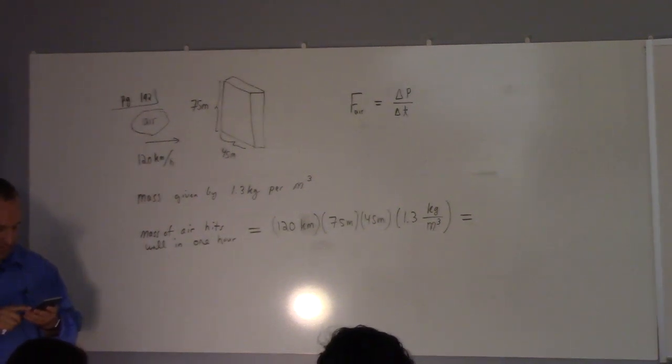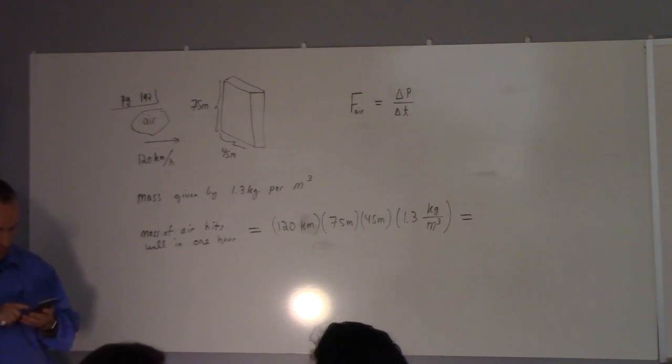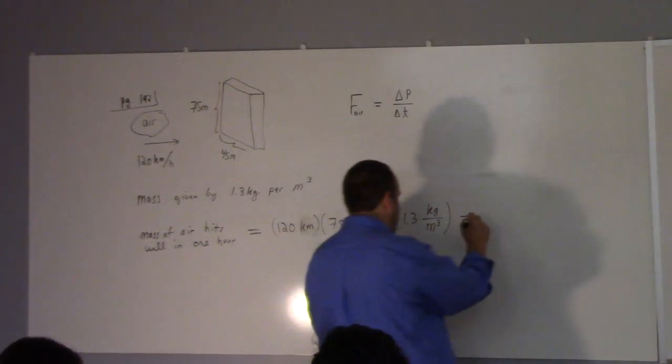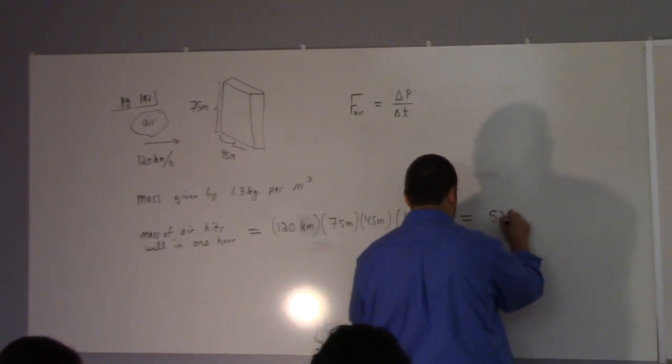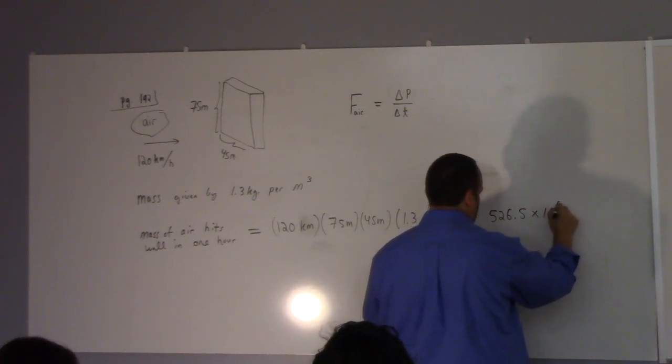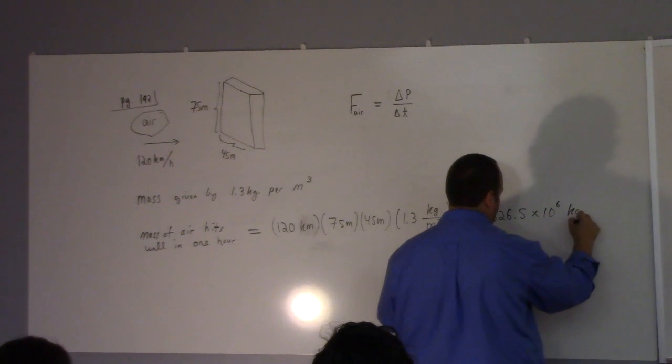I've forgotten which button that is. Oh, there it is. 526.5 times 10 to the 6th kilograms. What's that?